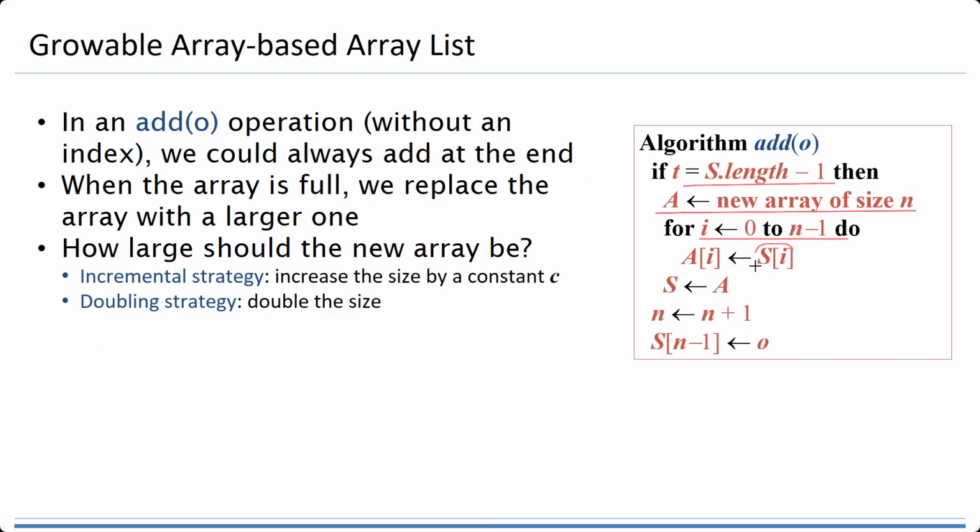Every single element of S is moved to A at index i. Later, S becomes the new sequence from the array A. Then n is increased by 1, and then S at n minus 1 will be the new object. So this is the step by step when you want to add a new object.